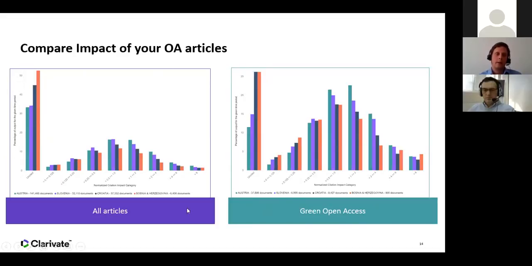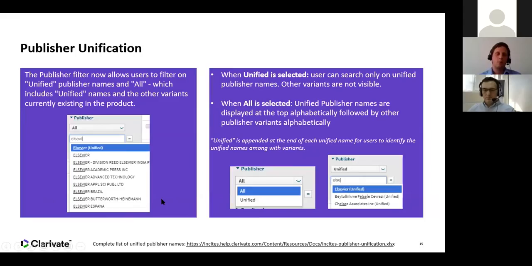This particular case is showing the comparison for Croatia and its closest neighbors based on the category normalized citation impact and what the research impact of the particular papers is.